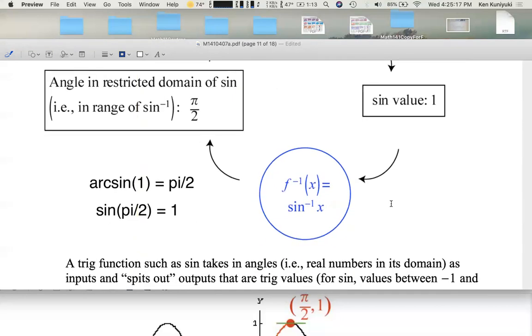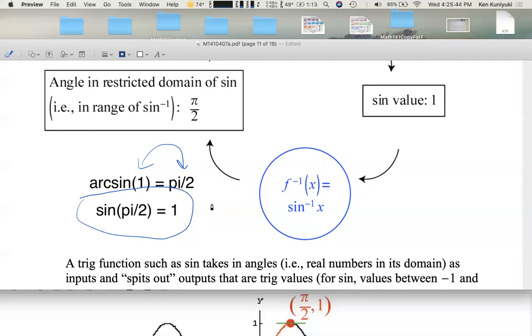Now I'm claiming that if you input 1 into the inverse sine, or arcsin function, same thing, the output is going to be pi over 2. In part because sine of pi over 2 is 1. Remember that when you write down an inverse statement, you're basically switching the inputs and the outputs. Sine of pi over 2 is 1, so we may be able to say that arcsine of 1 is pi over 2, or inverse sine of 1 is pi over 2.